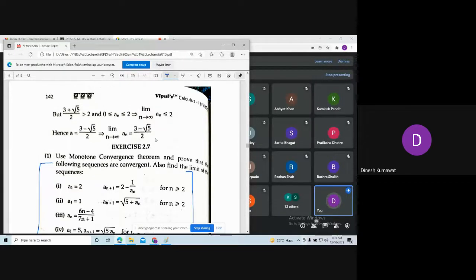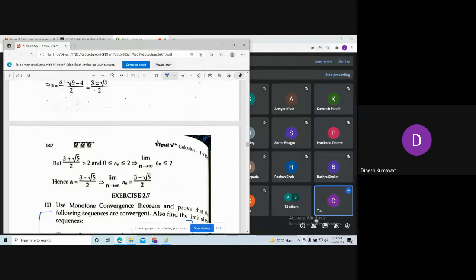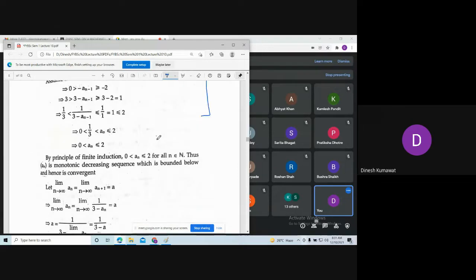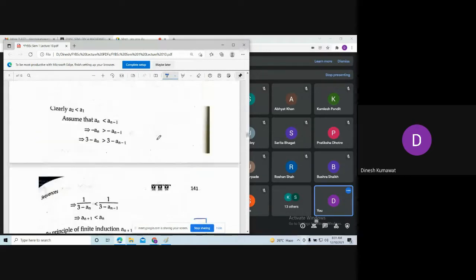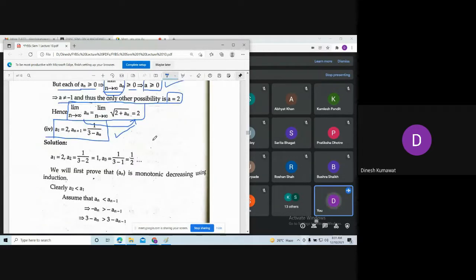If you don't, then I will definitely give these problems in your practicals. Okay, or let me just sketch the proof of this example.